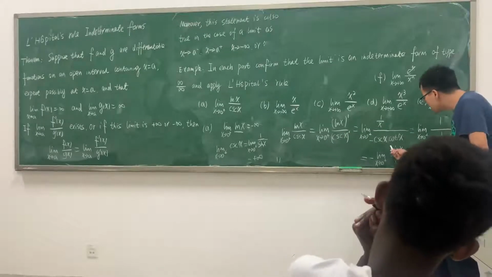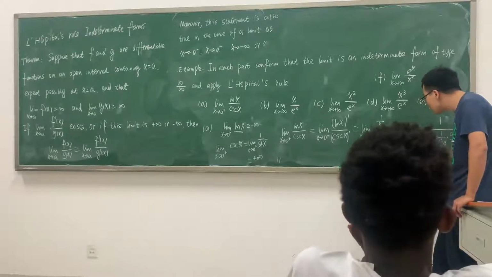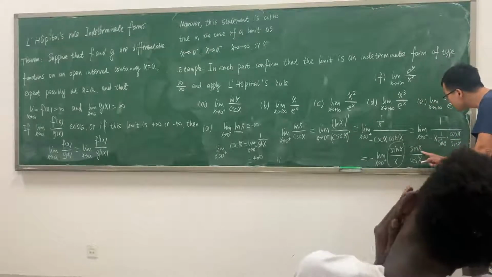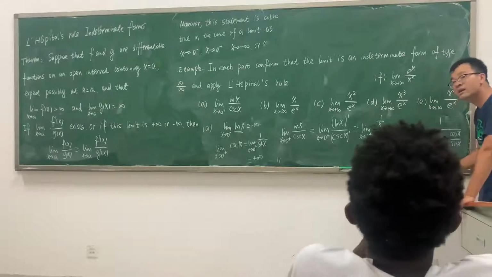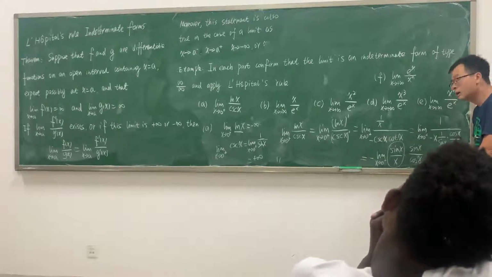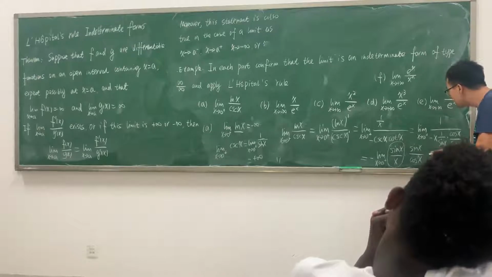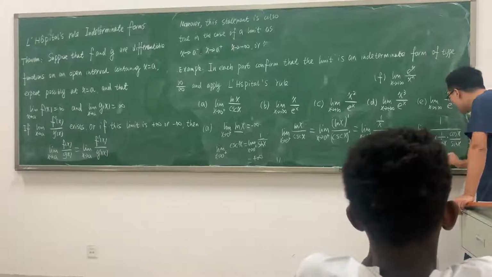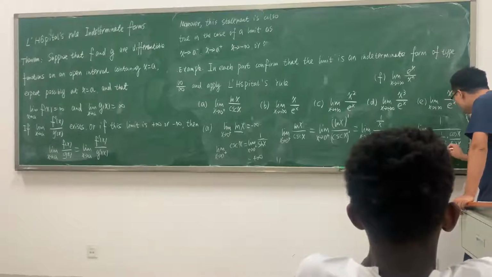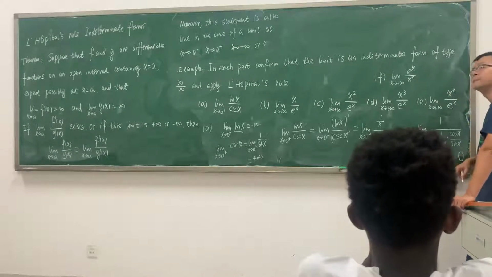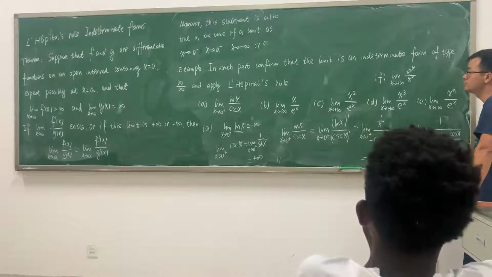The first limit is 1. The second is sin 0 divided by cosine 0, which is 0 by 1. So minus 1 times 1 times 0 is 0. So the answer is 0.